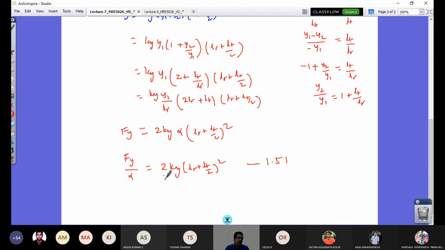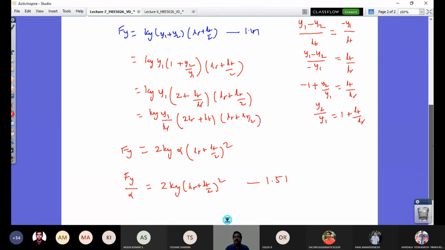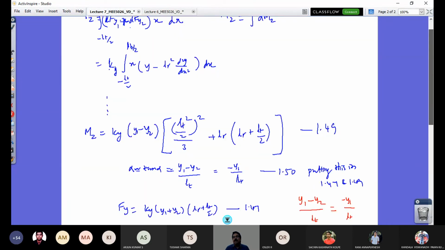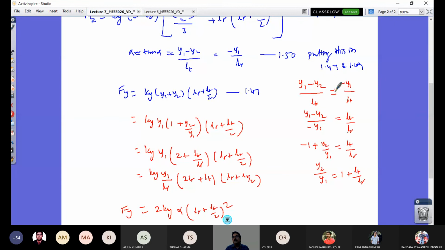And we also had an expression the similar way. Look at your MZ, what we have derived. So here you have y1 minus y2. This y1 minus y2 we already have in terms of this.